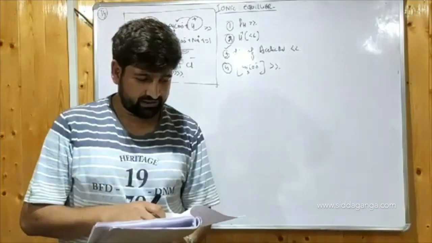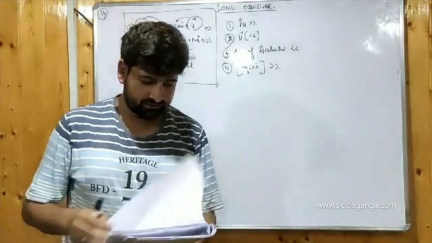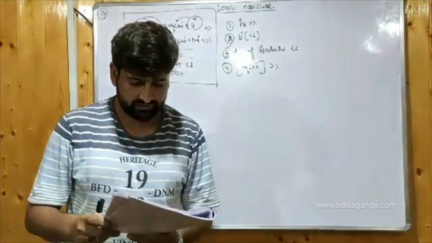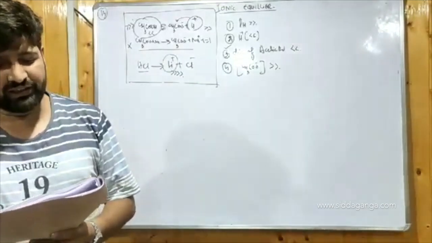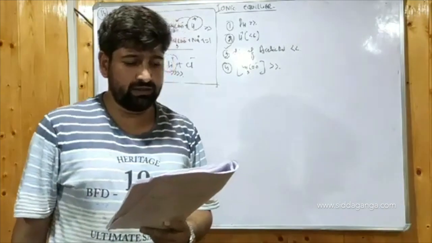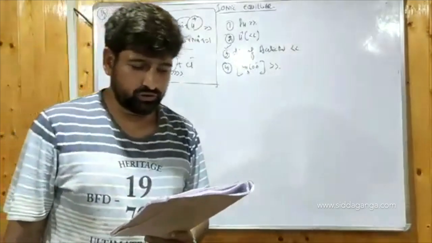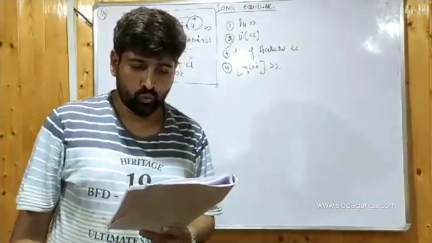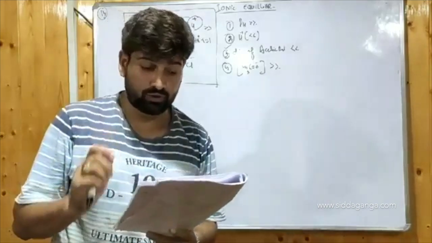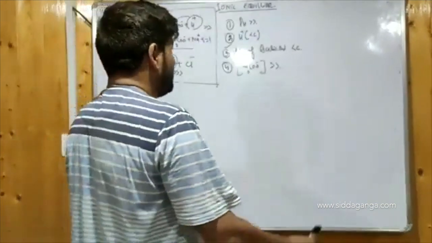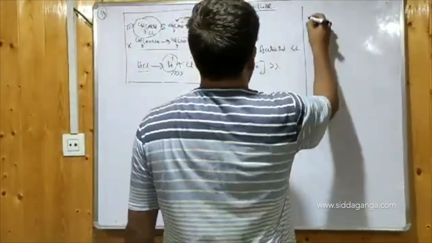So this question will be with respect to solubility product. Question is, at 30 degrees centigrade, the solubility of Ag2CO3, KSP is given, would be maximum in 1 liter of. So this is question number 14.